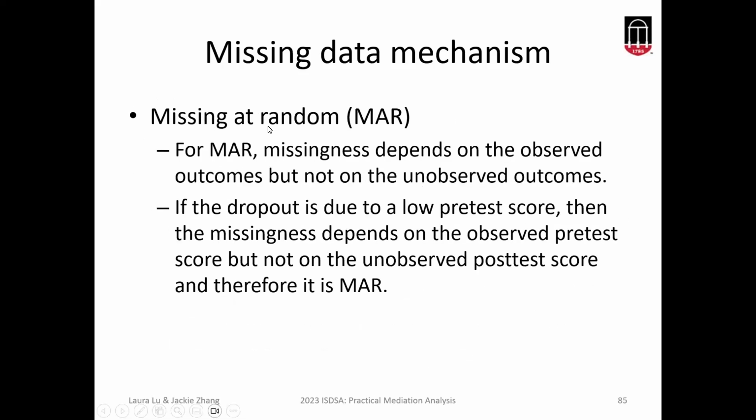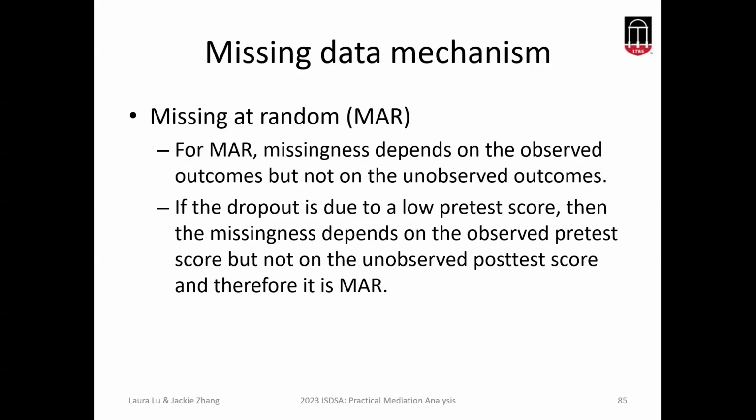We also have a second mechanism called MAR, missing at random. The missingness depends on observed variables, but does not depend on unobserved variables or unobserved outcomes. For example, again in the previous case, if the dropout is due to a low pre-test score, so some people attend the pre-test and the score is really low.